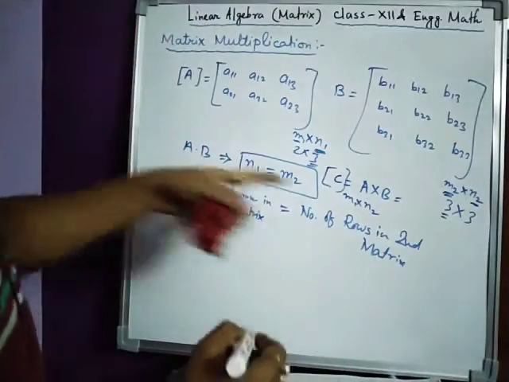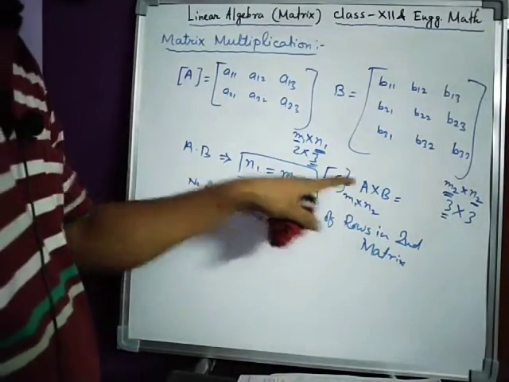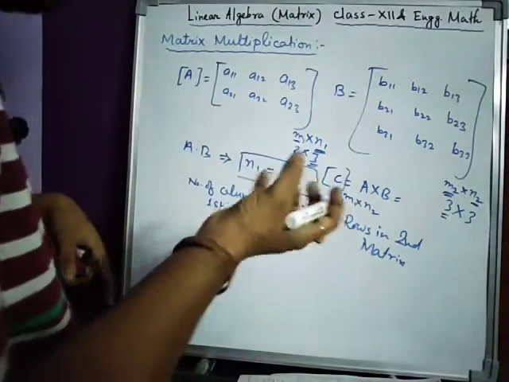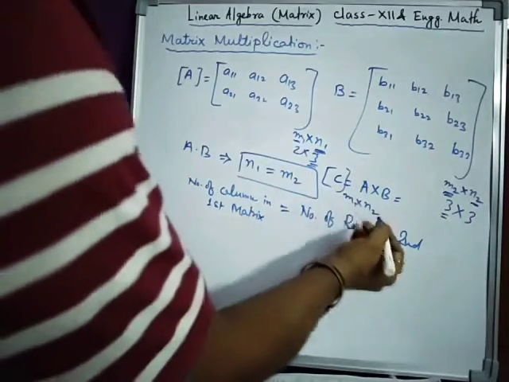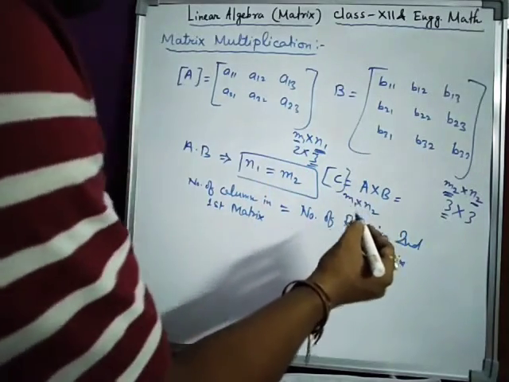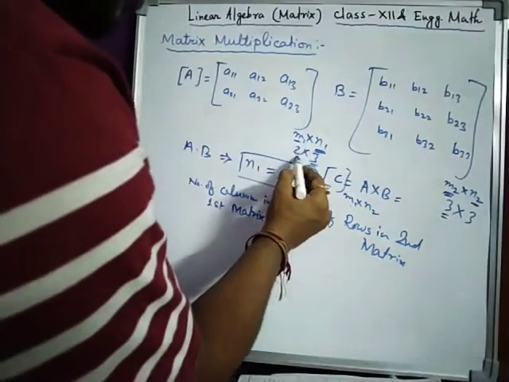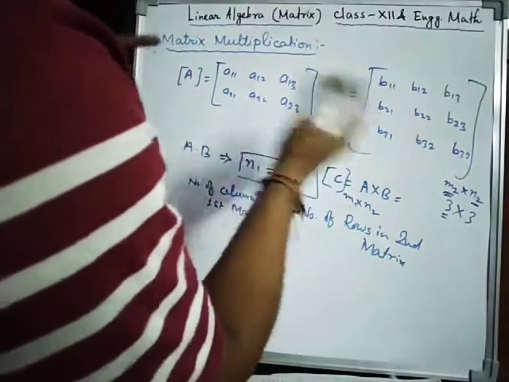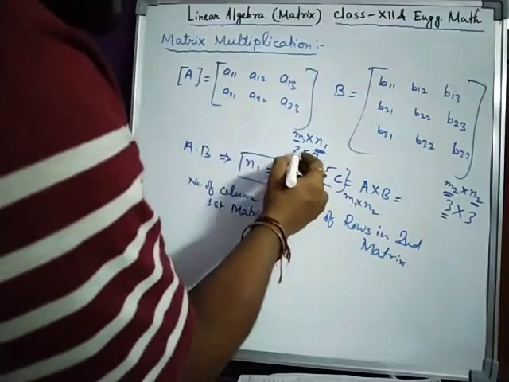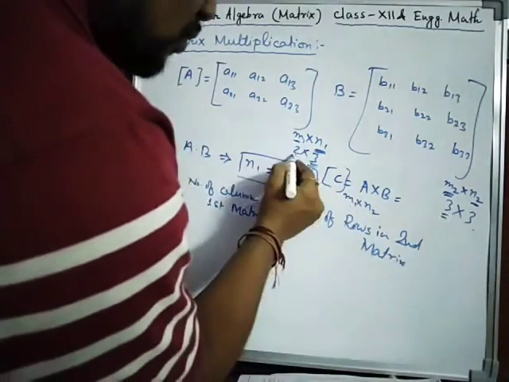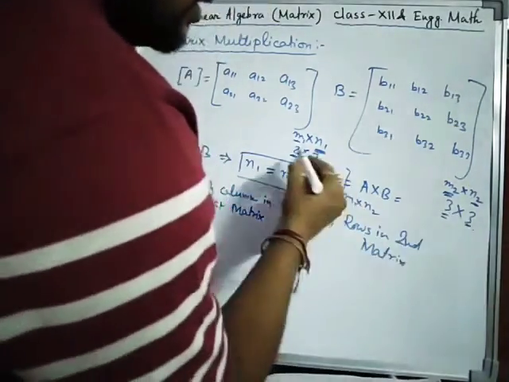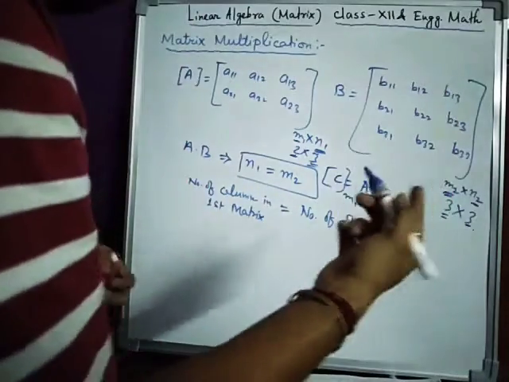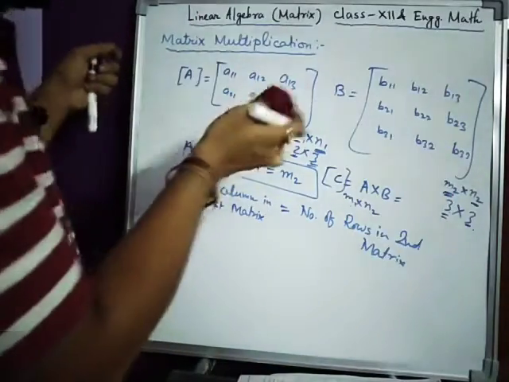Here the first matrix is 2 cross 3 and the second is 3 cross 3, so after multiplication the order will be 2 cross 3. Here 2 is the first one and 3 is the last one. So this is the order of the final result, and this is how multiplication can be done.